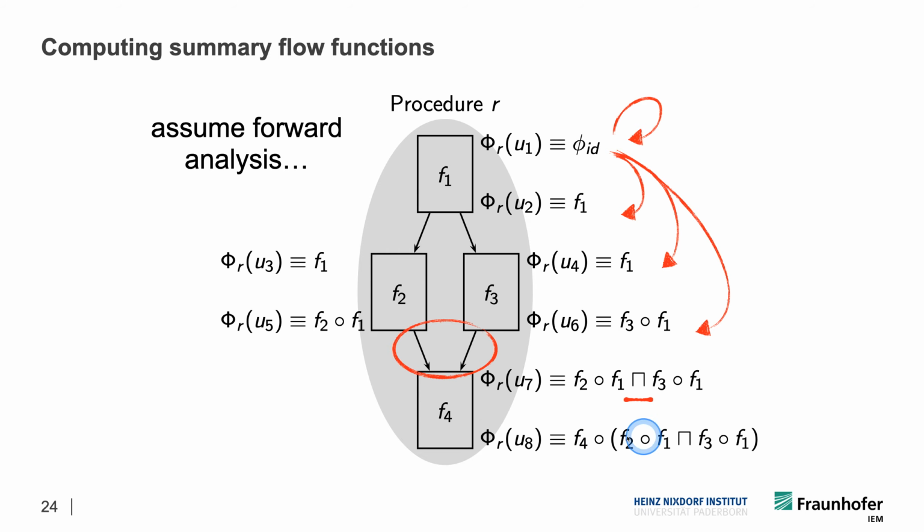And in fact, once you have computed this summary that spans the entire procedure, you can get rid again of all of these intermediate procedure summaries. They are not useful anymore. All that we need is to store this summary that summarizes the entire procedure.